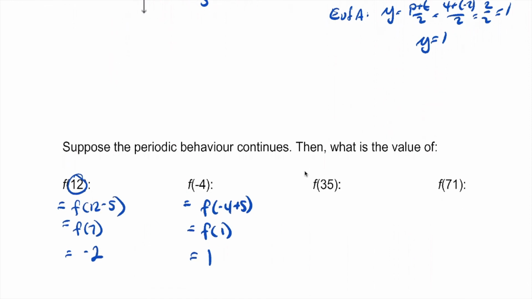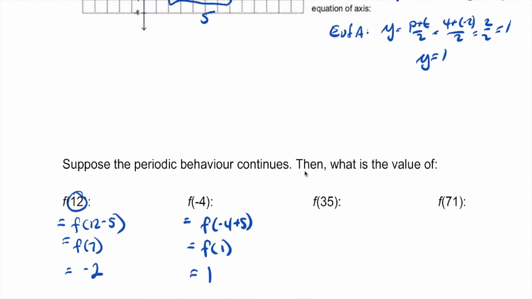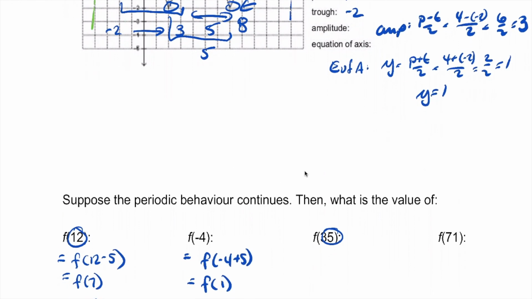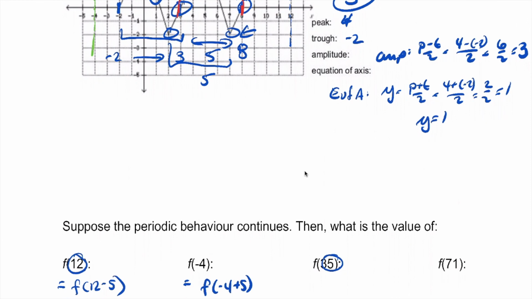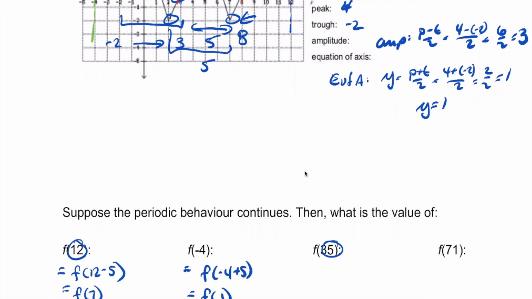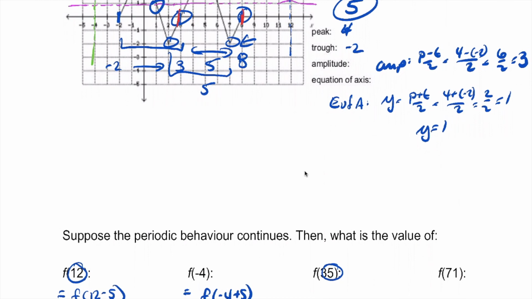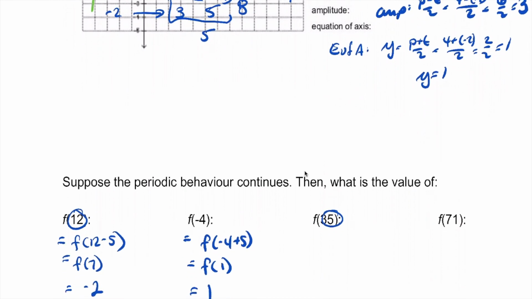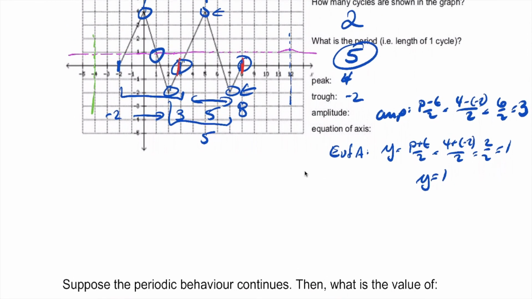Now it gets a little bit more tricky because now we're going to a next value that is really away from what our graph is given. So what we can do here is that we go adding or subtracting multiple periods. So in this case, thankfully, our period here is 5. So we'll go to various multiples of 5 until we get within our graph.